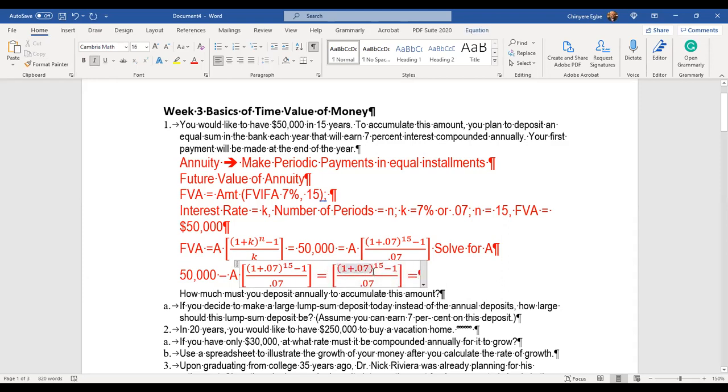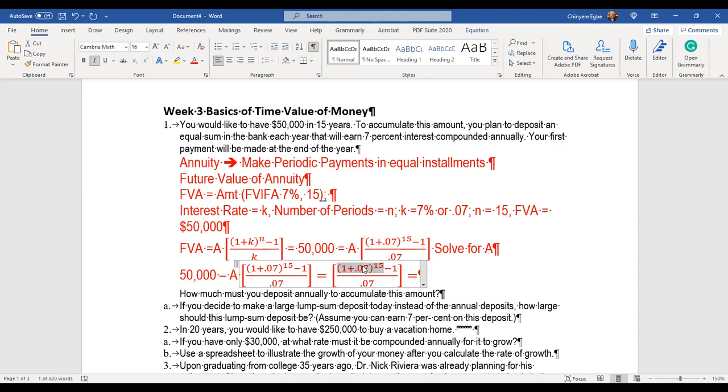So here, can somebody solve that 1.07 to the power 15 so that we're sure that you are following what I'm doing? When I have the answer, somebody help us? Hello? For the top part, I got 1.759.